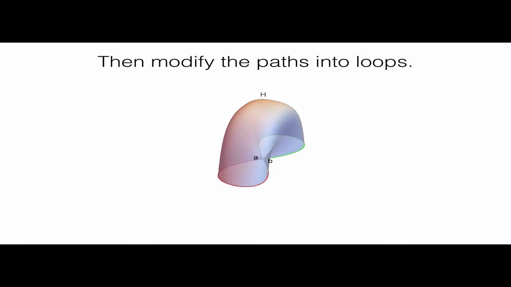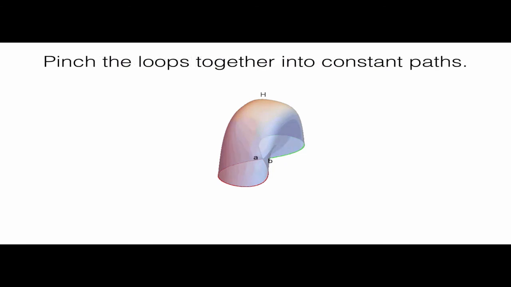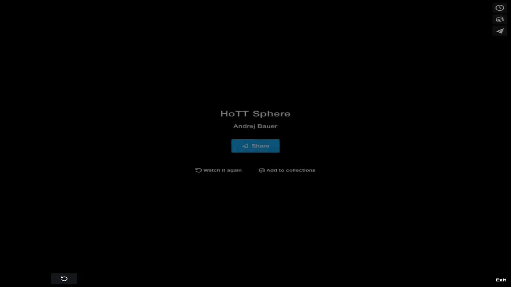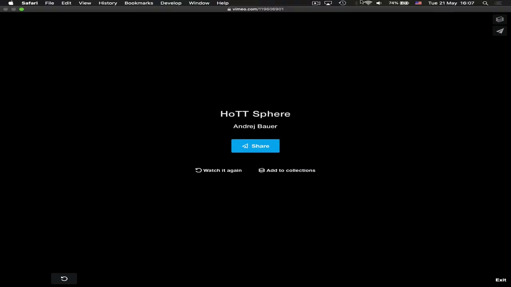Now you contract both loops to the reflexivity path. You have a circle's worth of loops now. But it's a sphere. Okay, thank you.